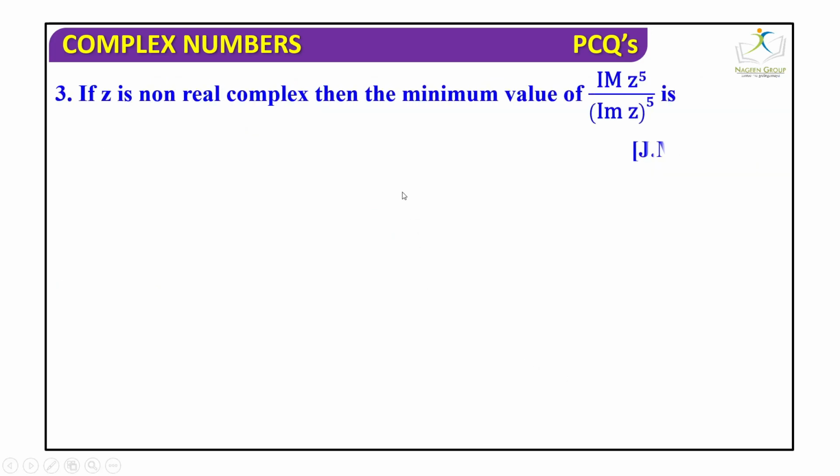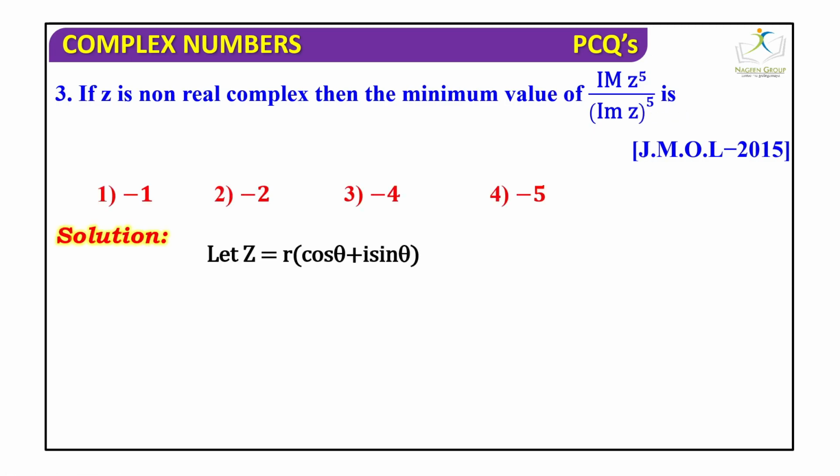If Z is a non-real complex, then the minimum value of imaginary part of Z to the power 5 divided by imaginary part of Z whole to the power 5 is, we need to find out. So first of all we consider Z equals to R into cos theta plus iota sin theta. Now we have Z to the power 5, so I am writing Z to the power 5 as R cos theta plus iota sin theta whole to the power 5.